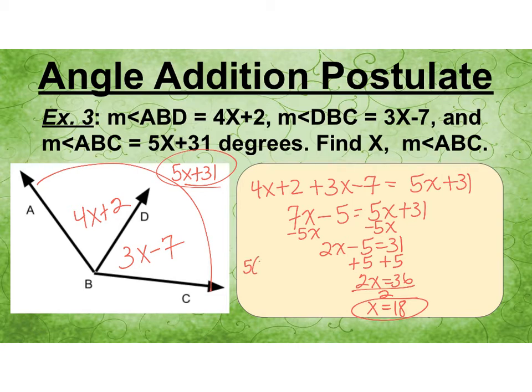So 5 times 18 plus 31 is 90 plus 31. So the measure of angle ABC is 121. That's supposed to be in degrees.